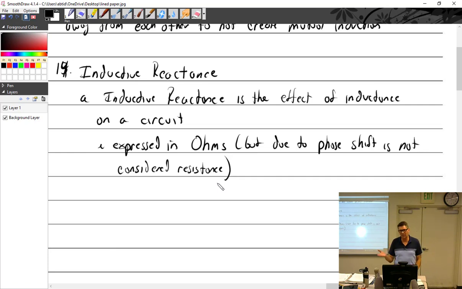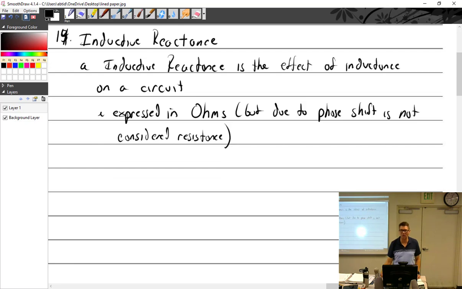You're going to have inductive reactance, but it's not quite resistance. You're going to have capacitive reactance, but it's not quite resistance. And you're going to have resistance, which is exactly resistance. So I'm just telling you where we're going. When you get all done, don't go, wait a minute, E divided by I doesn't equal R. It's not going to. The first time I did that, I got to the end and thought, what did I do wrong? Oh, that's right. That's why I'm stressing that point now.